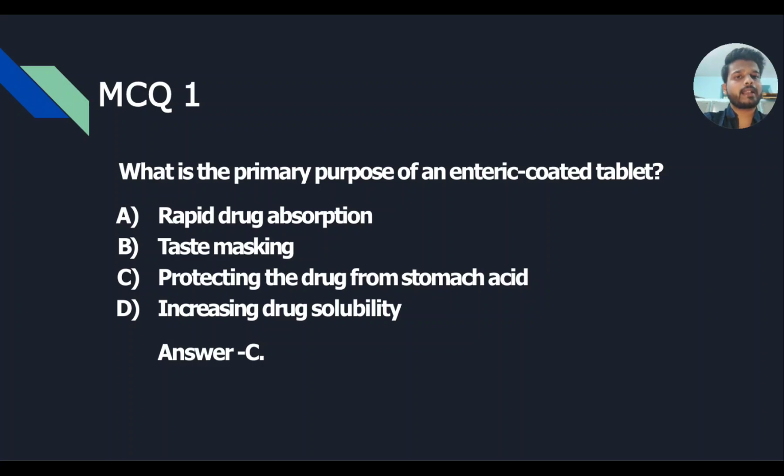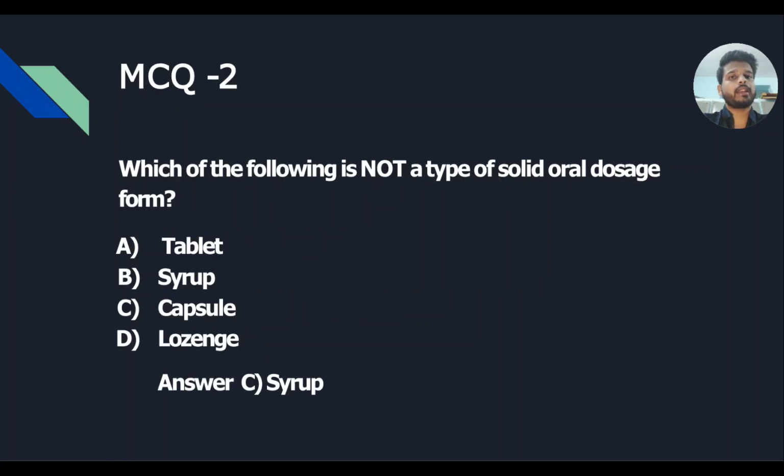Option B, taste masking. Option C, protecting the drug from stomach acid. Option D, increasing drug solubility. The correct answer is option C, protecting the drug from stomach acid, because many drugs are destroyed in the stomach due to the high acidity of the stomach acid. That's why we have to protect them from the stomach acid.